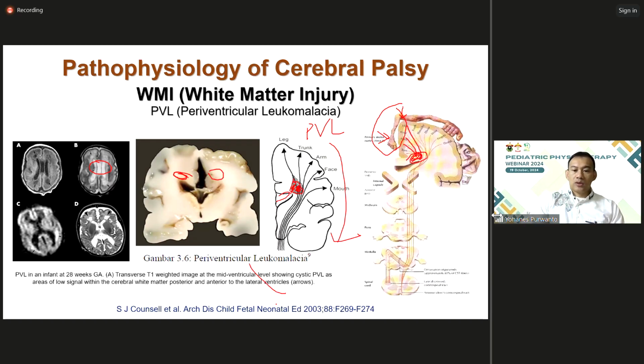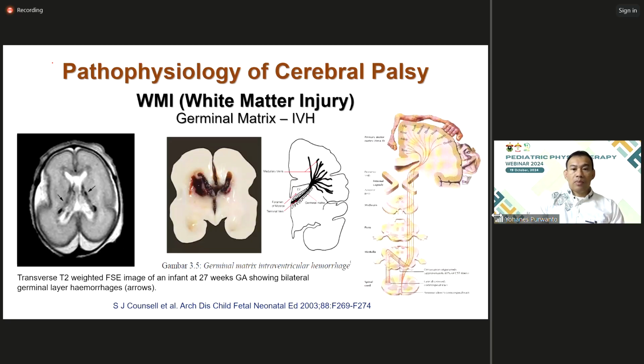That's why this pathology causes cerebral palsy spastic diplegia. This is a common problem in preterm infants because of this.